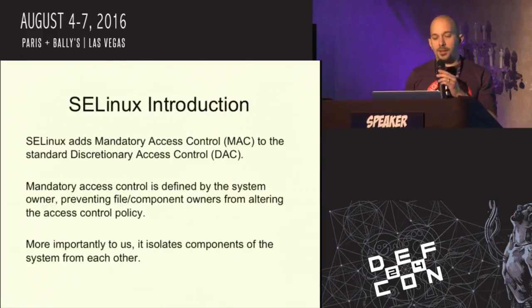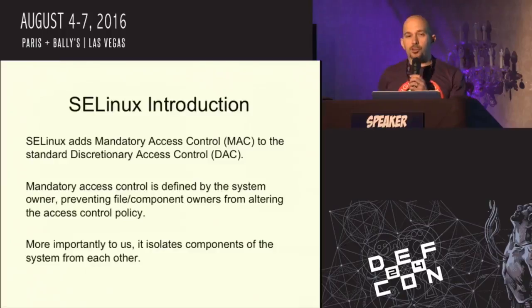So what does SELinux basically do? There's some theory in here. You have discretionary access control. That's the normal Unixy thing where people set file permissions, and files are inherently all readable by everybody unless you choose otherwise.